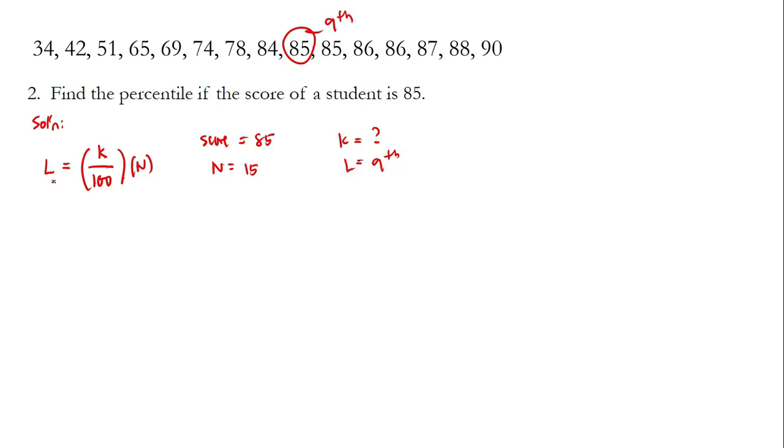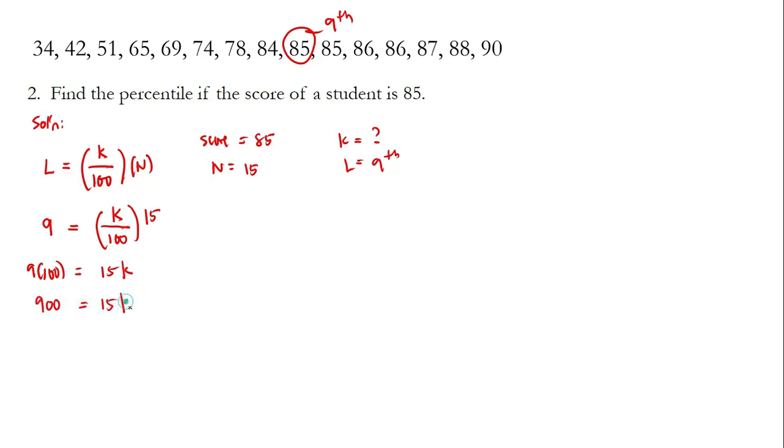So, we will just simply replace L with 9 equals K over 100 times N, or N is 15. So, we can just actually cross multiply. So, 9 times 100 equals 15K. And then we have here 900 equals 15K.